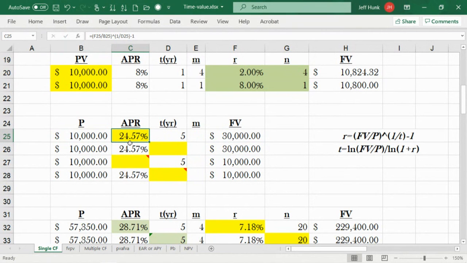So this is how you solve for rate. This is the formula for rate, and you can simply check.